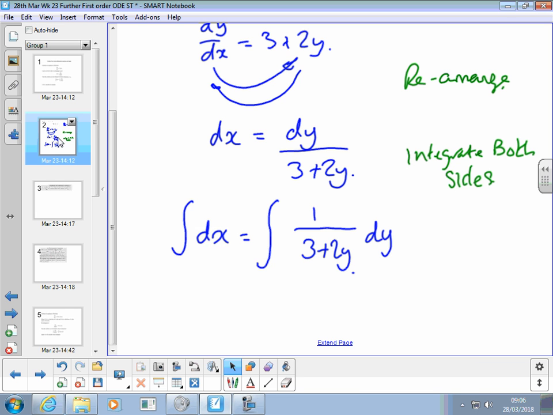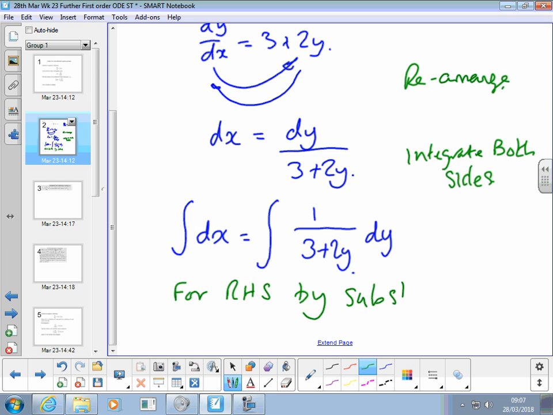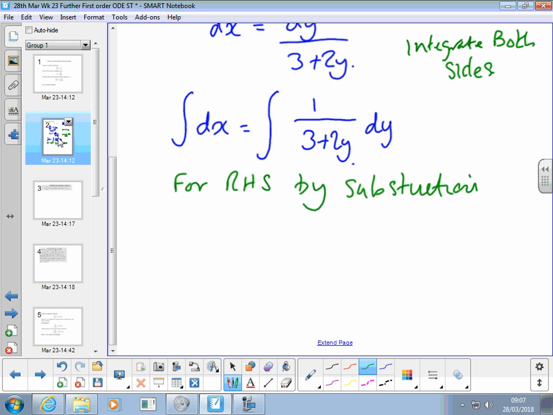So by substitution for the right-hand side, what do we need to do then? How does substitution work?